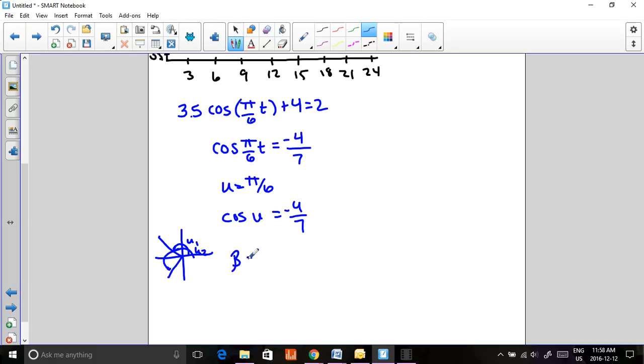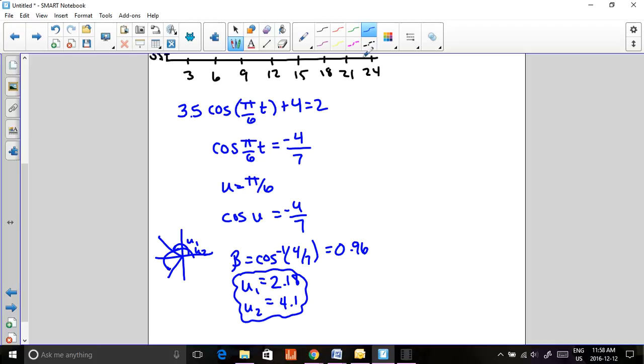So we find beta, which is the inverse cos of positive 4 over 7. That is not from a special triangle, so we just use our calculator and get 0.96. So based on that, u1 is equal to 2.18, pi minus 0.96. And u2, pi plus beta, is 4.1. Okay, so those are our two u values that we need to convert back to t's.